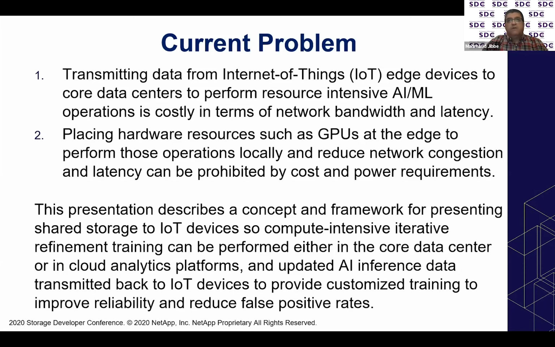So in order to avoid that cost, what we are recommending as an alternative is to place hardware resources like GPUs at the edge so that you can perform certain operations locally and reduce network congestion and latency, and the cost and power requirement associated with them. So that's what we are recommending, adding hardware.